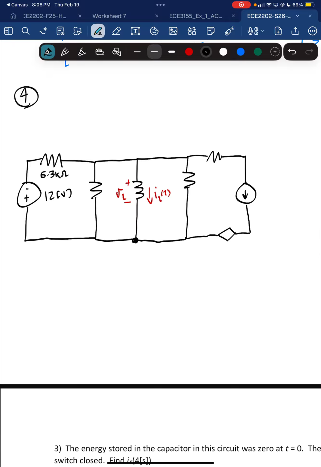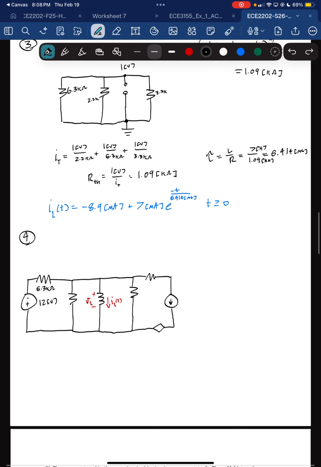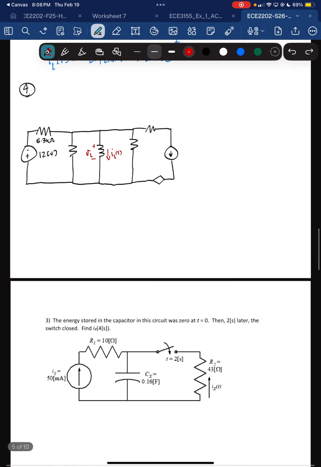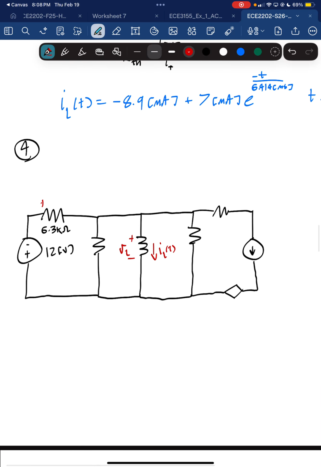Now, let me take a step back a little bit. Here's what we're looking for. We're looking for Vx, right? The voltage across this resistor. Now, let's say we called our ground to be at the bottom.